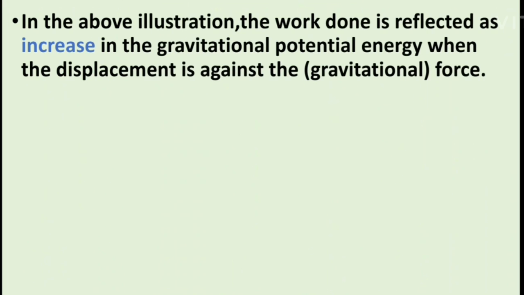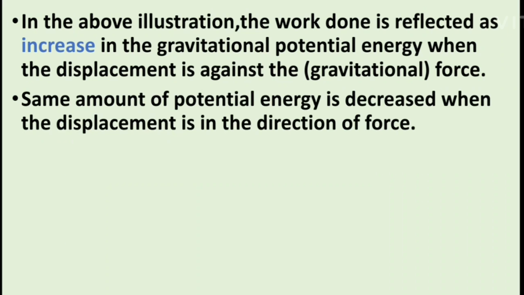In the above illustration, the work done is reflected as increase in the gravitational potential energy when the displacement is against the gravitational force. Same amount of potential energy is decreased when the displacement is in the direction of force.